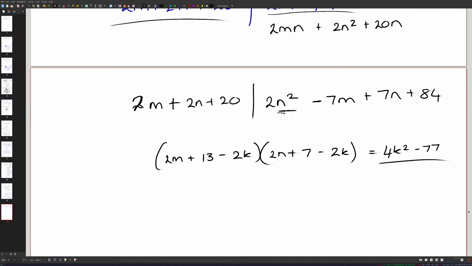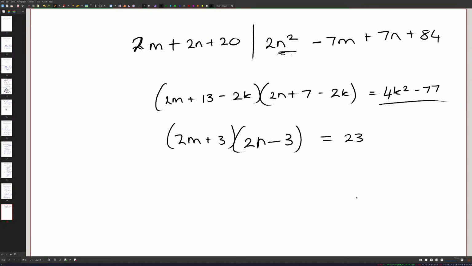But if we make k 5, we could just solve 2m minus 3 times 2n minus 3 is equal to 4 times 25 minus 77, which is 23. This has solutions. You can make this equal to 1 and this equal to 23.